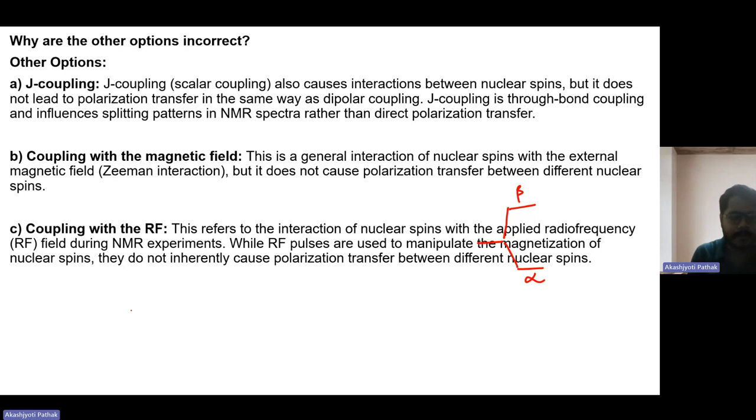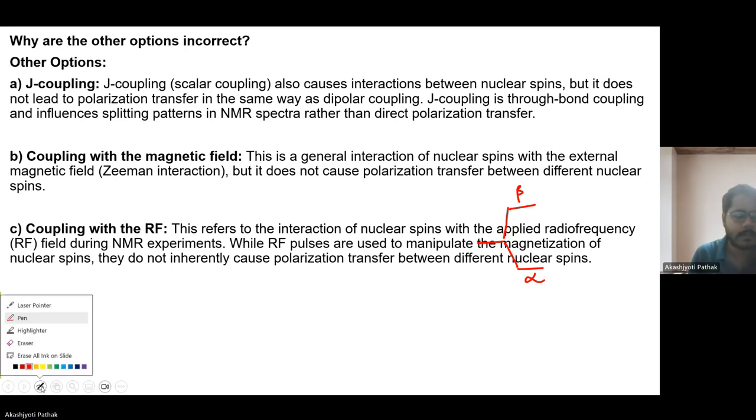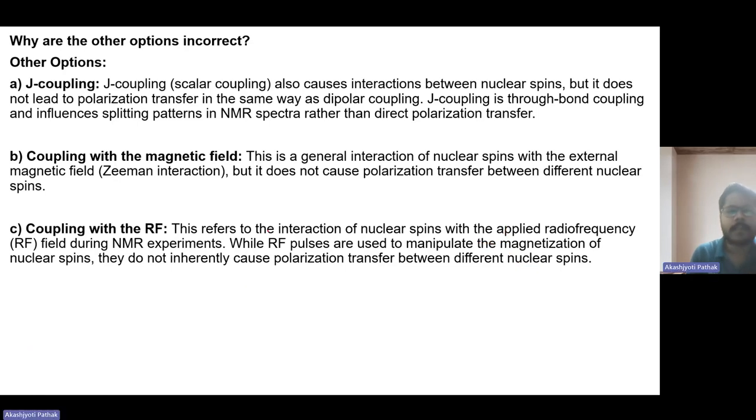Coupling with RF. Why is this option wrong? This refers to the interaction of nuclear spins with the amplified radio frequency field during NMR experiments. While RF pulses are used to manipulate the magnetization of nuclear spins, they do not inherently cause polarization transfer between different nuclear spins.